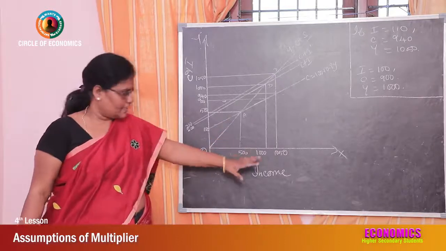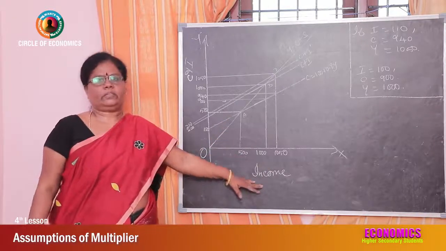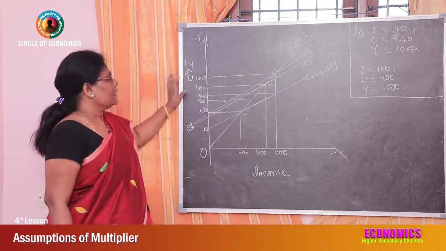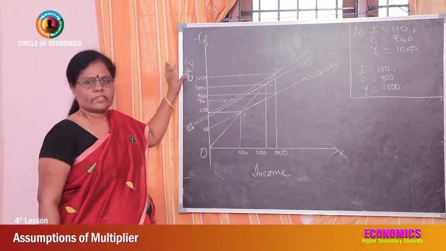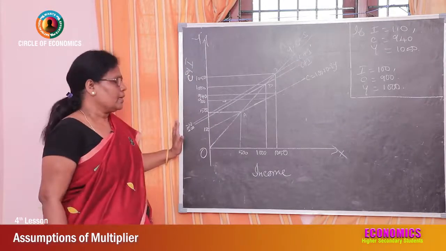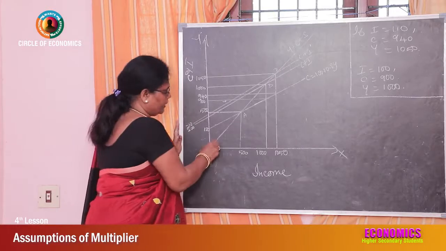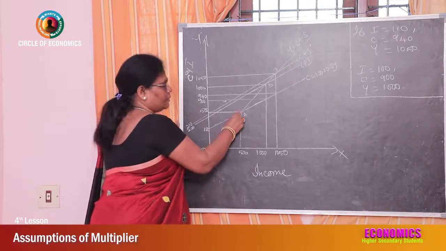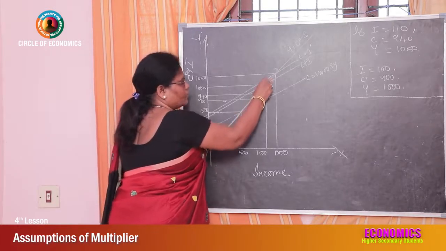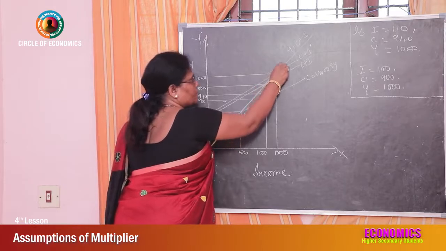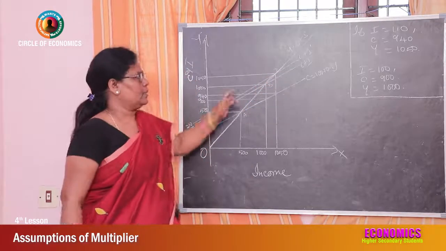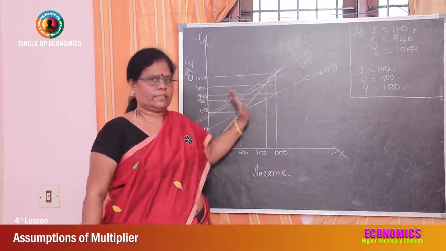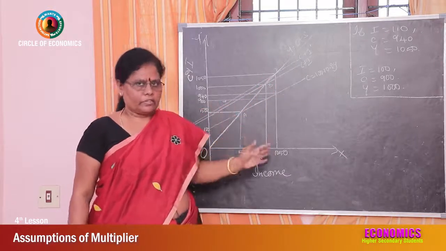Okay, in the x axis income is measured, on y axis consumption and investment is measured. Here there is a 45-degree line drawn, that is Y is equal to C plus S. Saving is equal to investment.